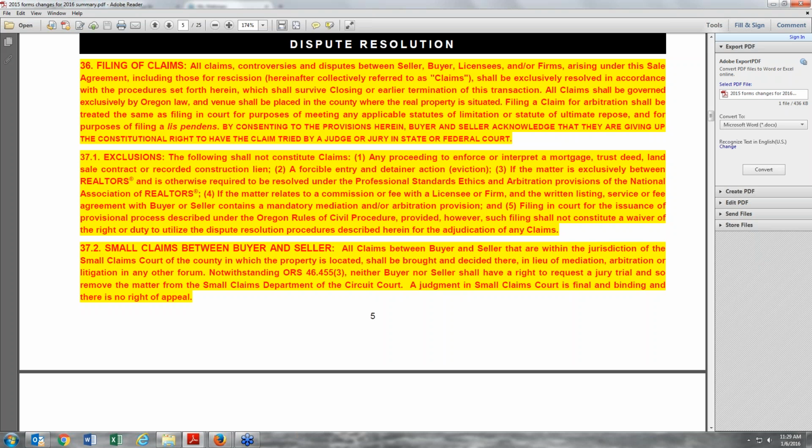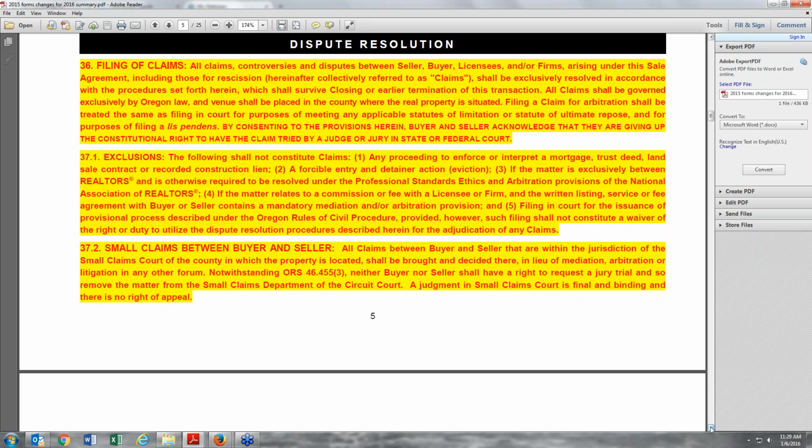A judgment in a small claims court is final and binding, and there is no right to appeal. And believe me, that has eliminated a whole lot. That $10,000 carve-out has eliminated a whole lot of dispute resolution arguments, and just put it in the small claims court.